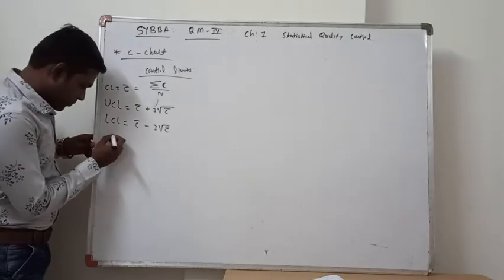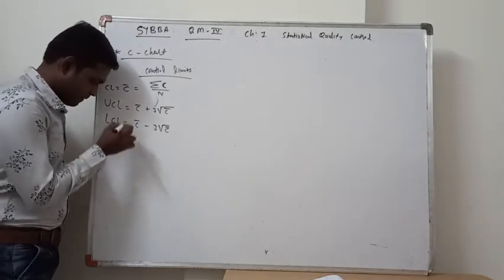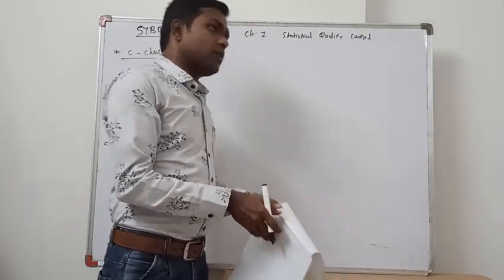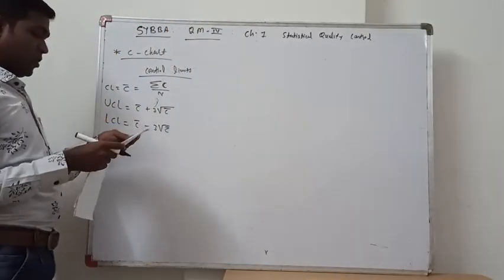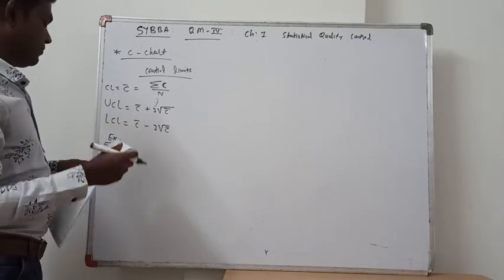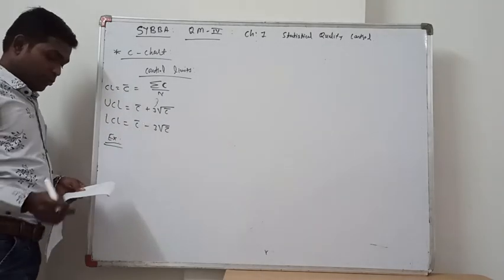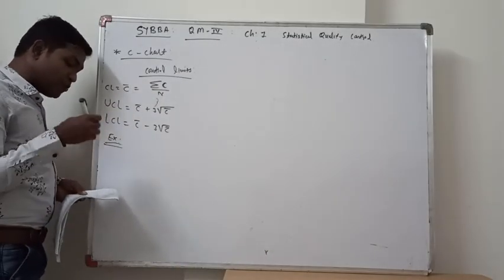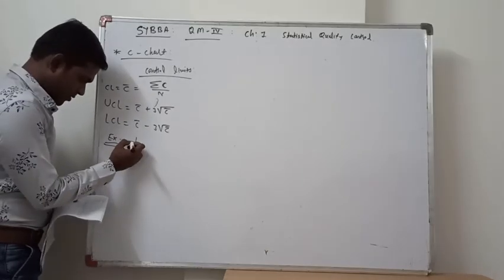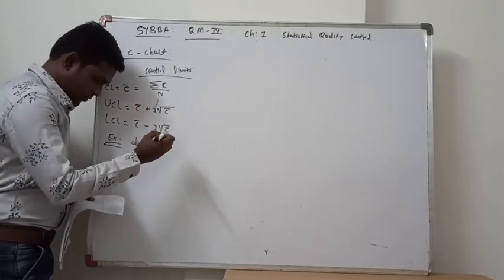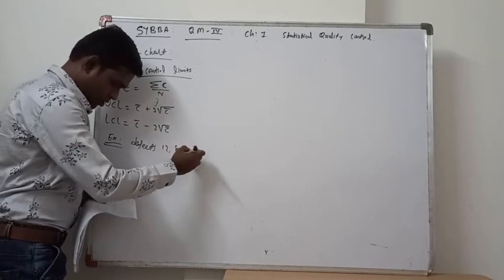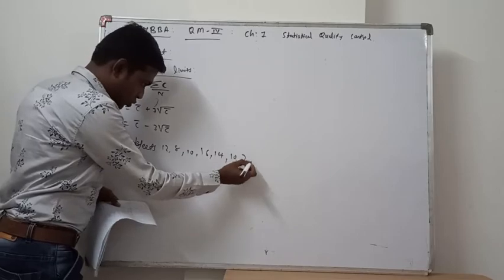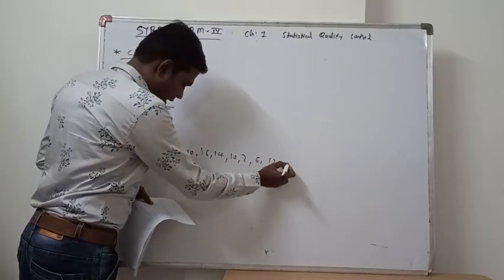Now we take one example. Over here they have given one example, from the April 2019 paper. They give the number of defects per each mobile: 12, 8, 10, 16, 14, 10, 2, 6, 12 and 9.